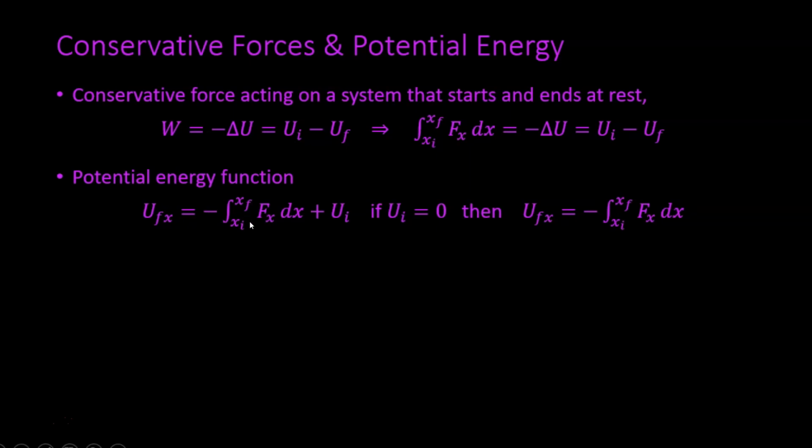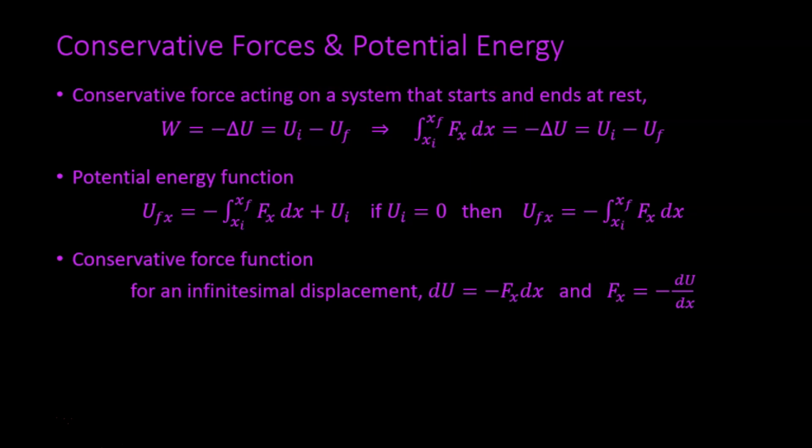That's equal to negative the work integral plus the initial potential energy. If the initial potential energy is 0, then our equation for the final potential energy in the x dimension is equal to negative the integral of F of x, the force in the x direction, dx, evaluated from x sub i to x sub f.